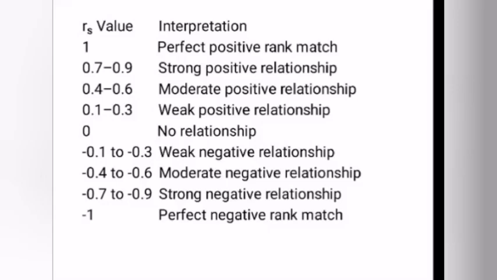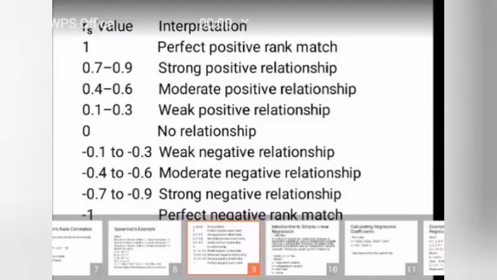If your answer is at -0.7 to -0.9, that's a strong negative correlation. If your answer is at -1, that's a perfect negative relationship. So this is how to interpret your answers for both Spearman rank correlation and Pearson's correlation.